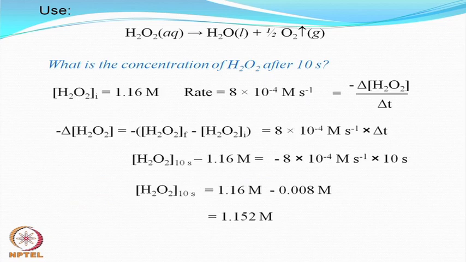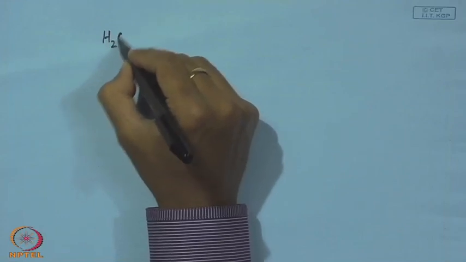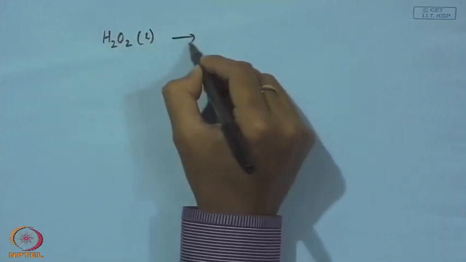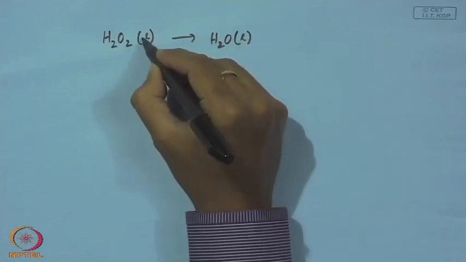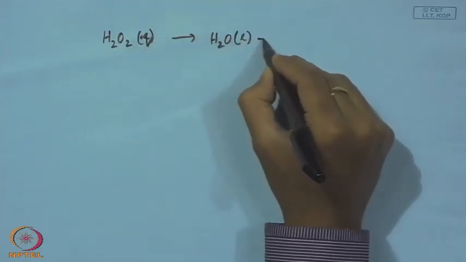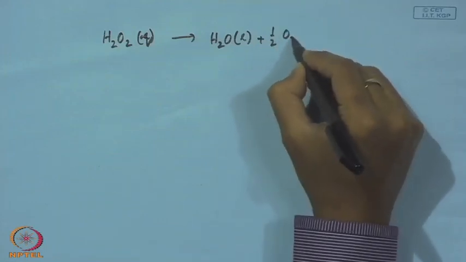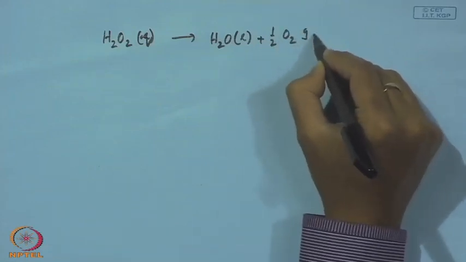Now, if we would like to know the concentration of H2O2 after the reaction has elapsed say 10 seconds, how to find out? How to find out the concentration if we are given the initial concentration? So, again we start with the same reaction, H2O2 liquid producing H2O liquid, or it is better to say aqueous, plus half O2 gas.